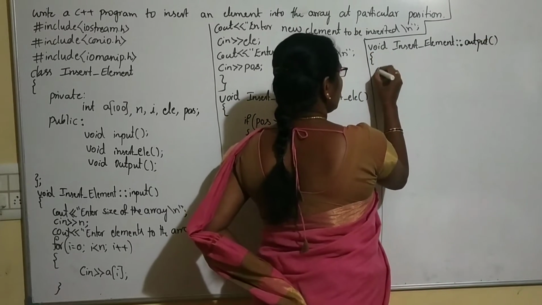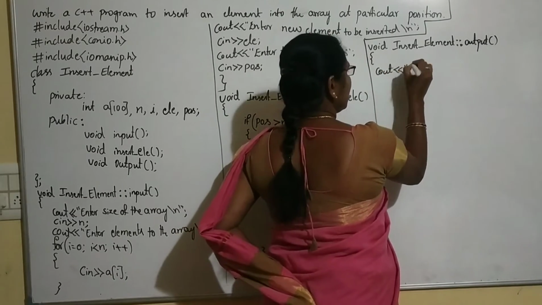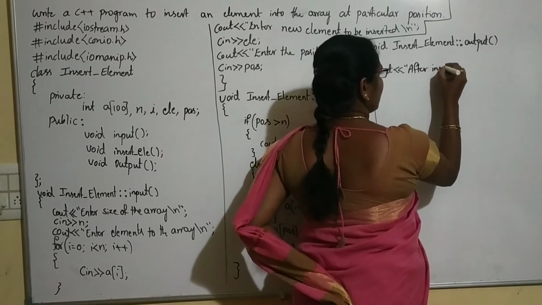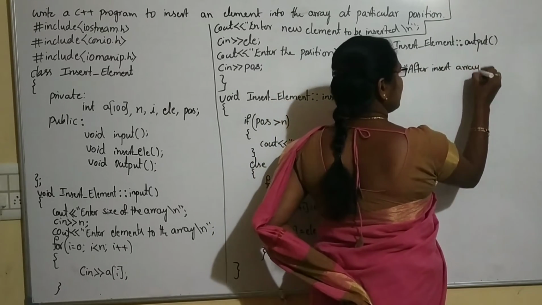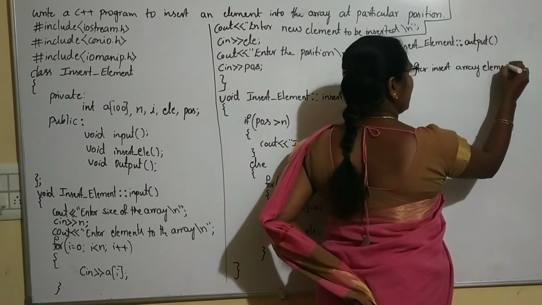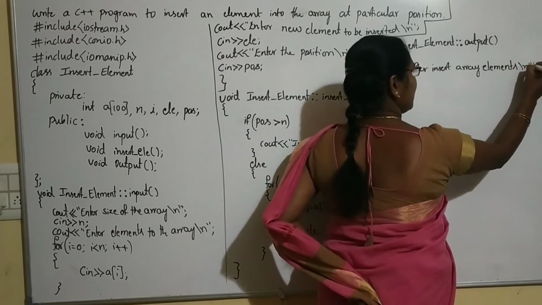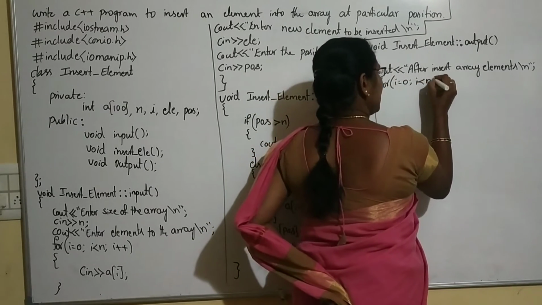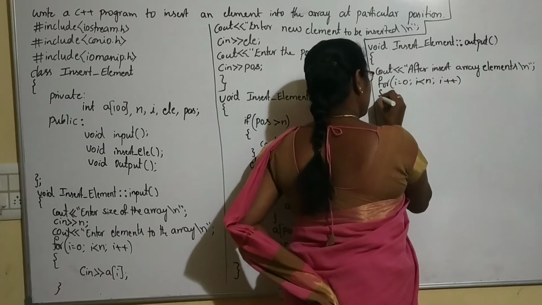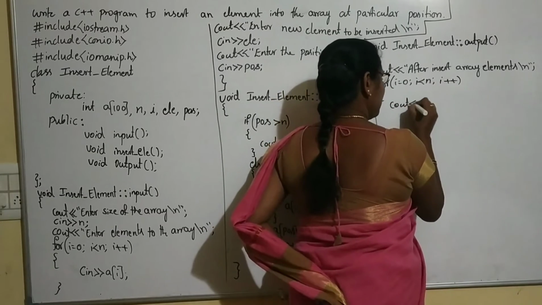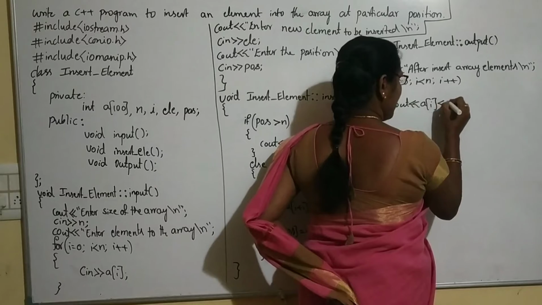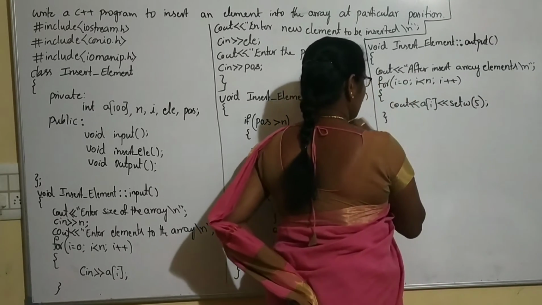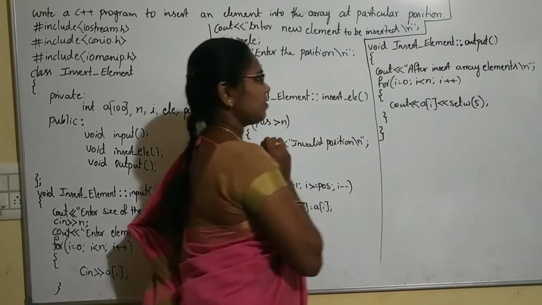In this output function, we want to display the elements after insertion. For I equals 0, I less than n, I plus plus. In the for loop, we add the cout statement to display the array elements A of I and give the width space by using the setw function. We give 5 width space. Next, we close the output function.